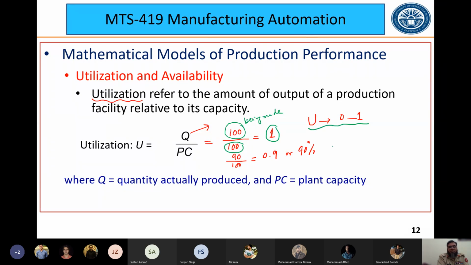Utilization varies between 0 and 1. But if it is making 90 parts and the capacity is 100, this will be 0.9. Similarly, if we make 80 parts, capacity is 100, utilization will be 0.8. So utilization tells us how much I am utilizing my facility as compared to my capacity.